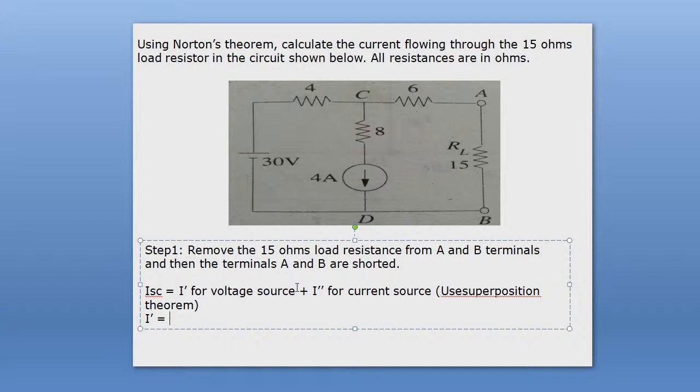So therefore we can write 30 divided by 4 plus 6. Sorry, 30 divided by 4 plus 6. It's correct.